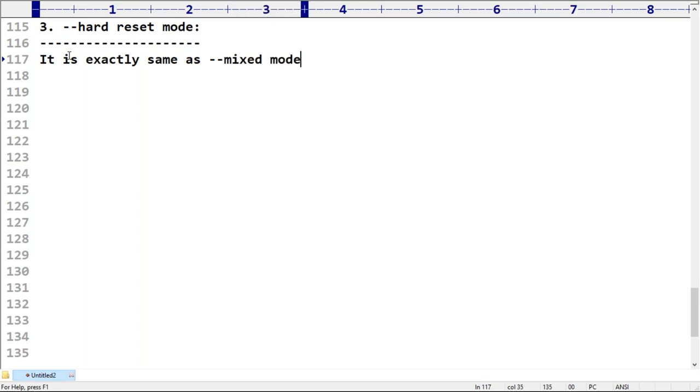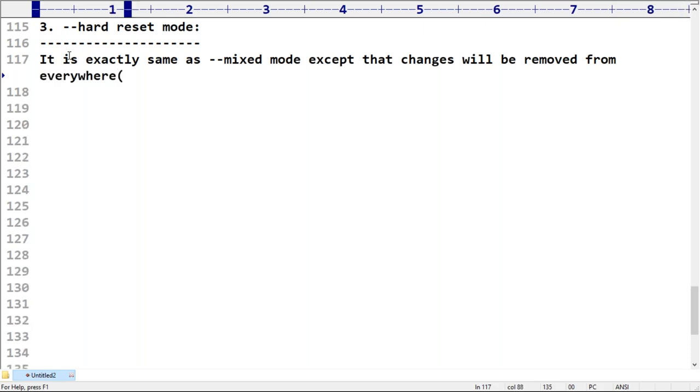Except that, sir, this is a very hard reset. Have you observed, right? It is a very hard reset. What is the meaning of that? Anyone, can you please tell? Reset with a hard, except that changes will be removed from everywhere: local repository, staging area, working directory.